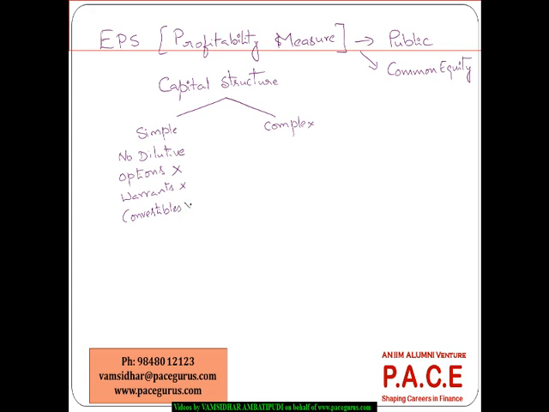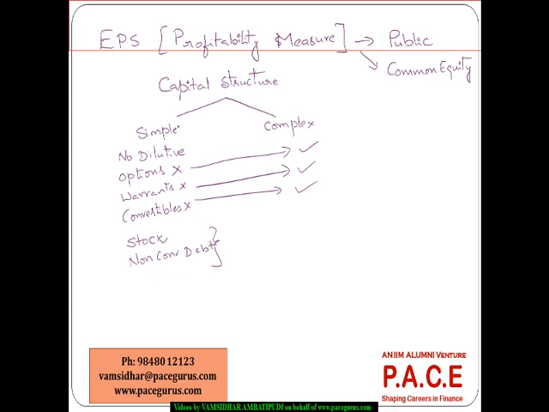If it does not have any of these and has just plain common equity or preference shares, or a non-convertible debt, then we typically call it a simple structure. Whereas if any one or more of these things are present, then we treat the capital structure as complex.